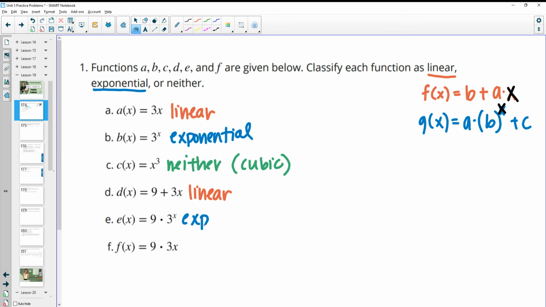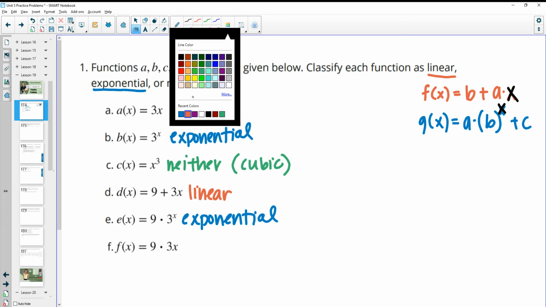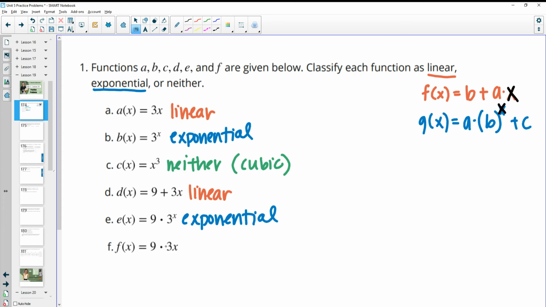So then this is going to be exponential. And then part F has a number times 3x. And so we could really simplify this one and say that it's 27x if we wanted to. And again, that one's just multiplying by the variable. So then this one is just going to be linear.